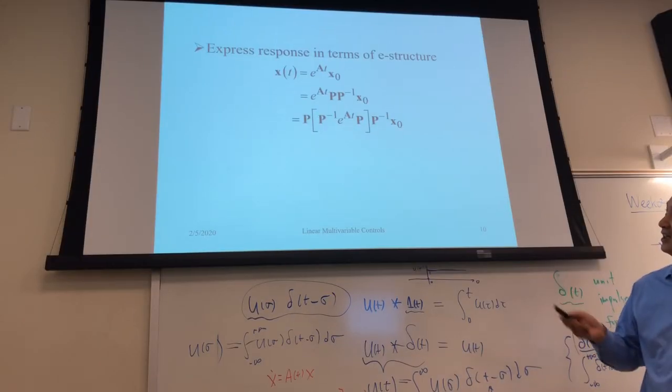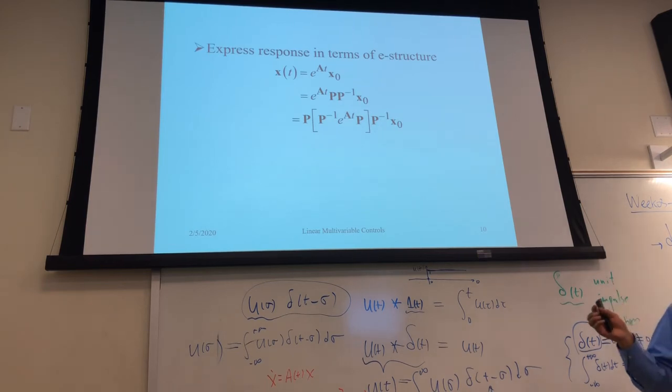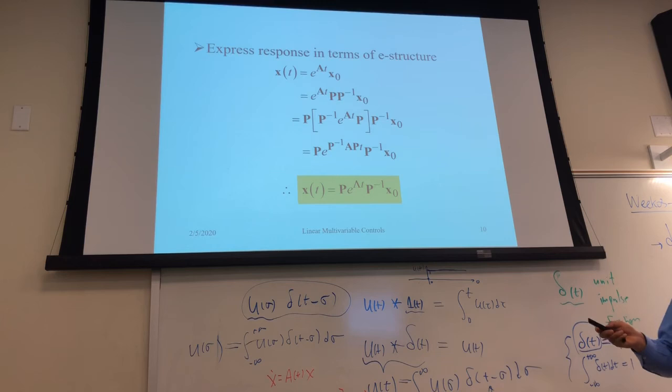By doing that, I pull out P inverse and P here. Remember, I can do the Taylor series expansion. Then we can move the P inverse P into the exponential, and this one is actually diagonal, okay, diagonal.